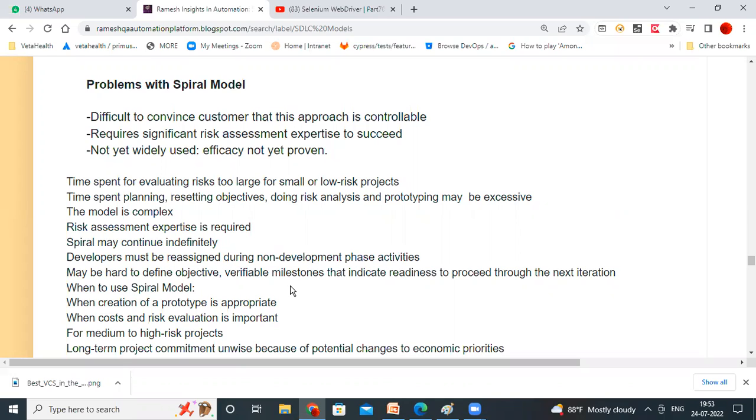And the time spent evaluating risks is too large for smaller, low risk projects also. You have to spend a lot of time there. Time spent planning, resetting objectives, doing risk analysis, and prototyping may be excessive. Because you have to spend a lot of time to find out the risks, then resolutions for those risks. So this model is a very complex model. So risk assessment expertise is required.